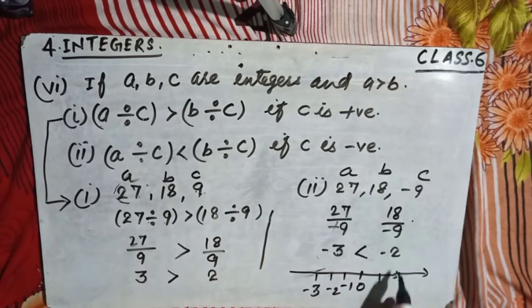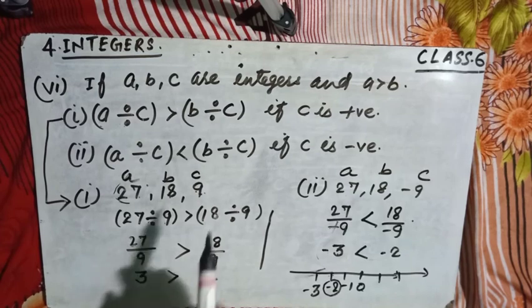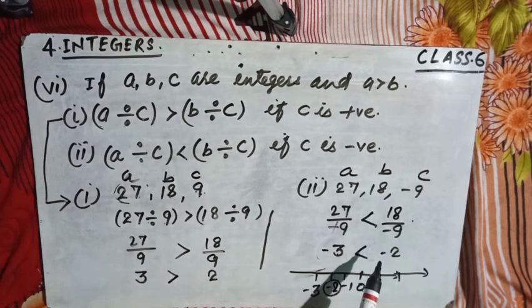The number nearest to 0 is the greater number, so minus 2, being nearest to 0, is greater, and minus 3 is farther away from 0 than minus 2. That means minus 2 is greater than minus 3, that is, minus 3 is less than minus 2. I hope you will understand with the help of the example. You got the point.